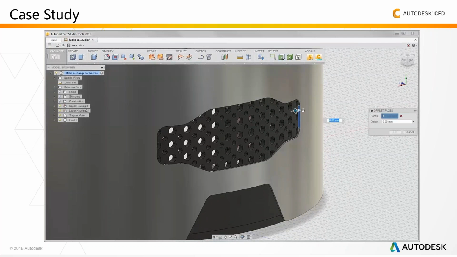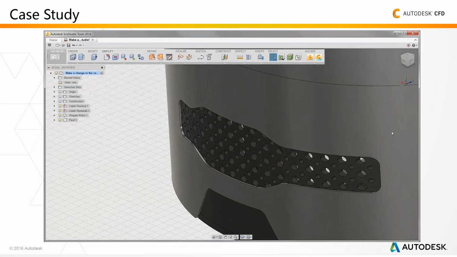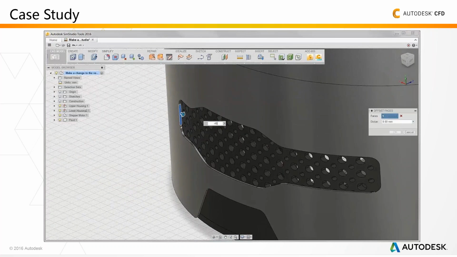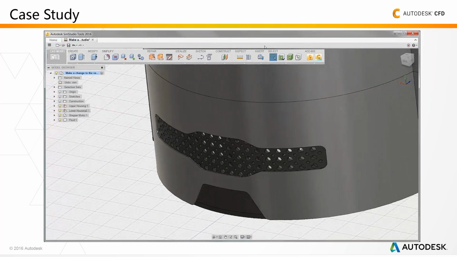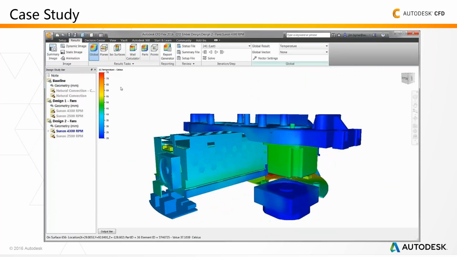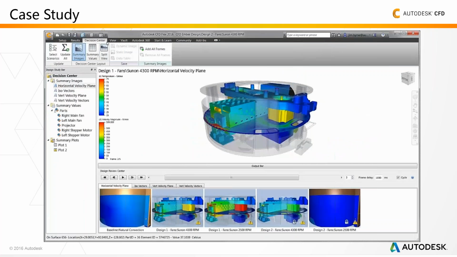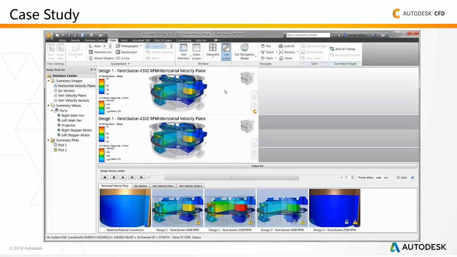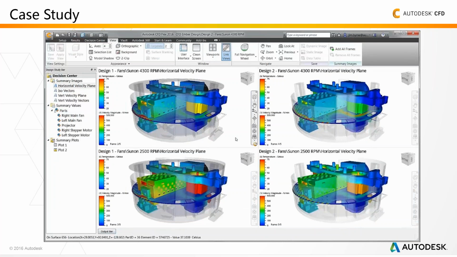Here's a design change through SimStudio tools, a direct modeler, quite easy to make model changes there. The outlet has been increased by 40 millimeters on each side. The model has been re-imported and the analysis has been rerun.